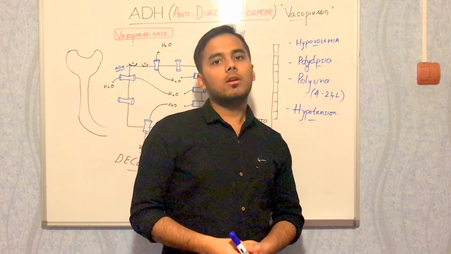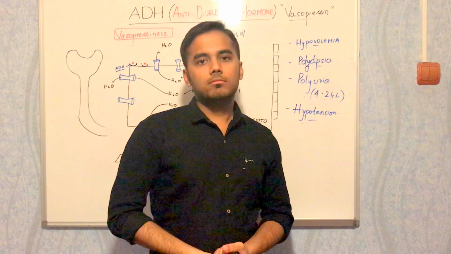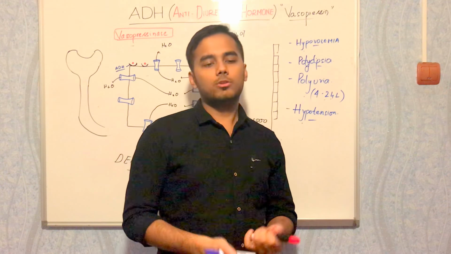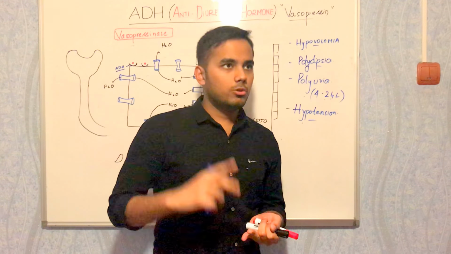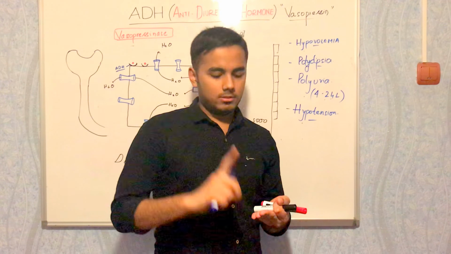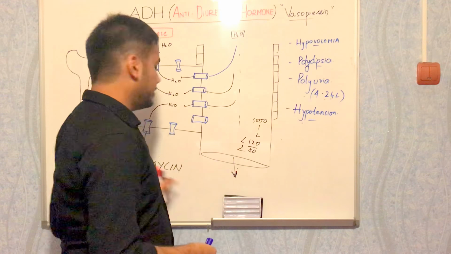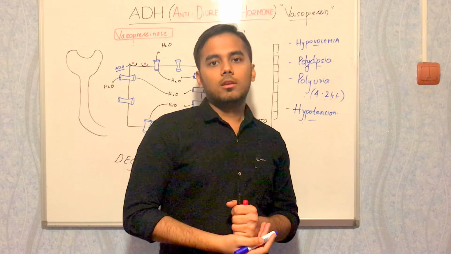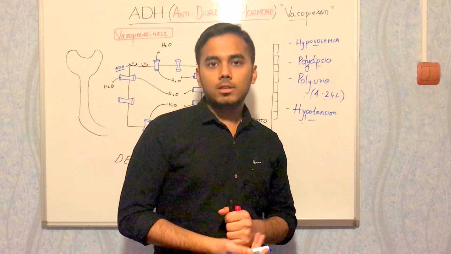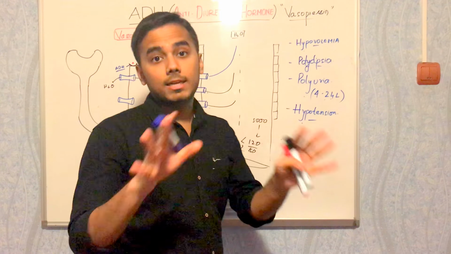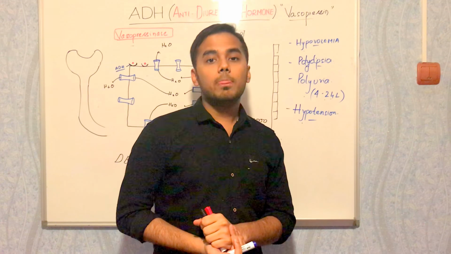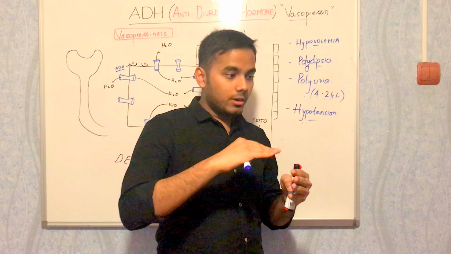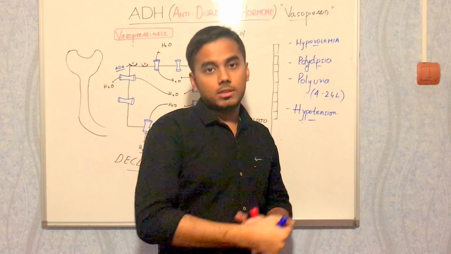Diabetes insipidus can be caused by various etiologies, as I told you: trauma, damage of the pituitary gland, the constant intake of Declomycin, and the gestation period. In all these cases, there will be hypoproduction of ADH, resulting in all these symptoms, and this entire condition is called diabetes insipidus.